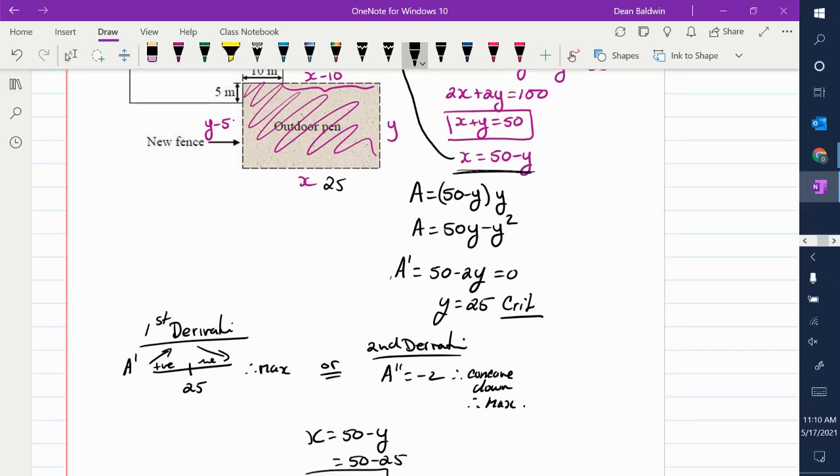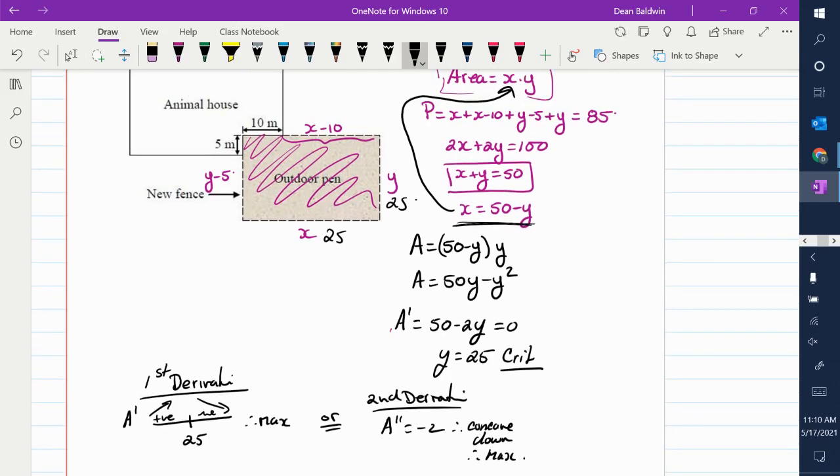So this is 25. That's 25. This is 15, right? This is x minus 10, so this will be 15. And this should be 20. And that will maximize the area. Is that okay?